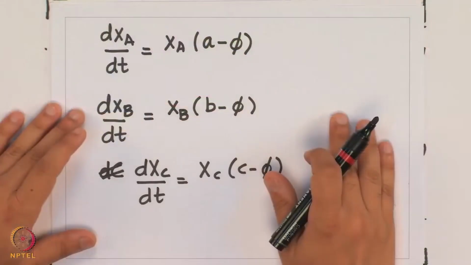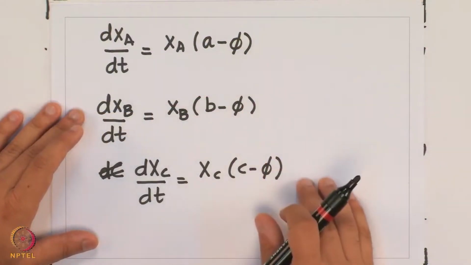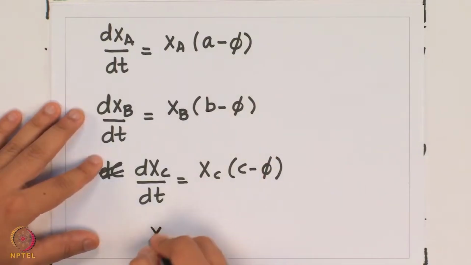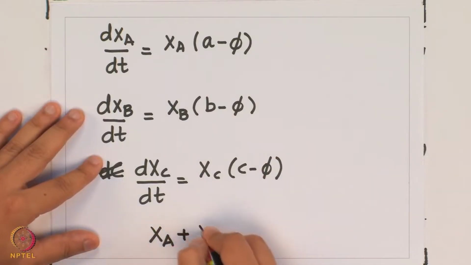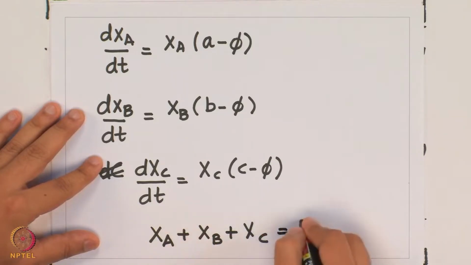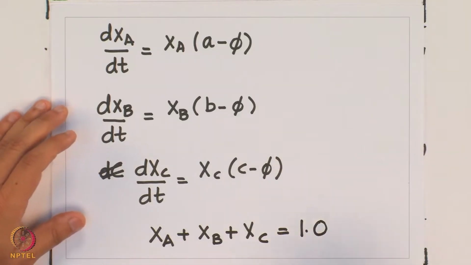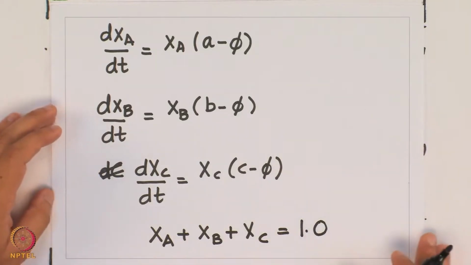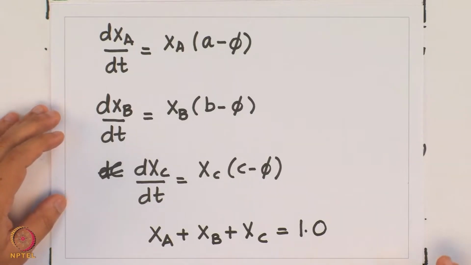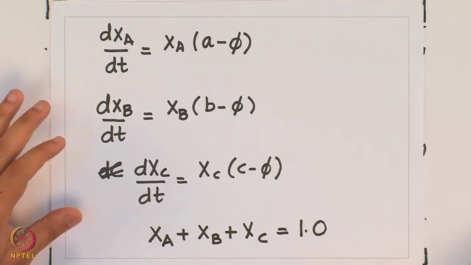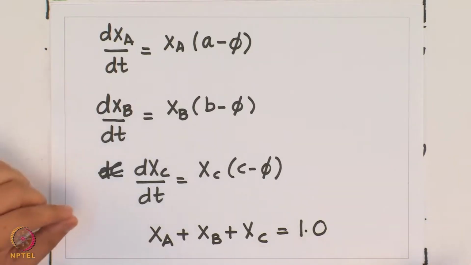That's the problem that I have, and hence to solve this, these three equations have to be simultaneously solved and ensure that the constraint xa plus xb plus xc is always equal to 1. So this system of equations has to be solved either via a solver or, if these are linear in nature, can be solved analytically. So analyzing three species is not as trivial as how we had analyzed two species.